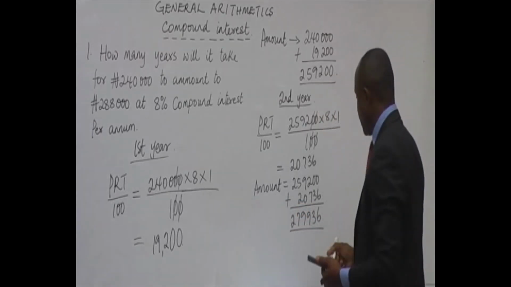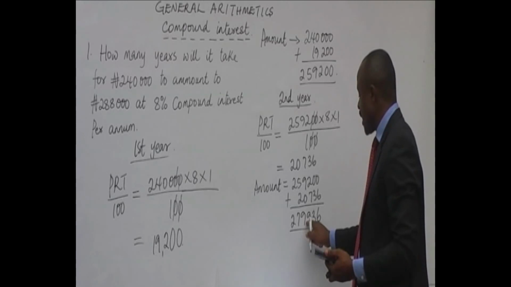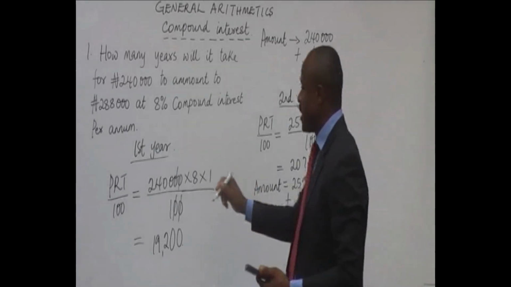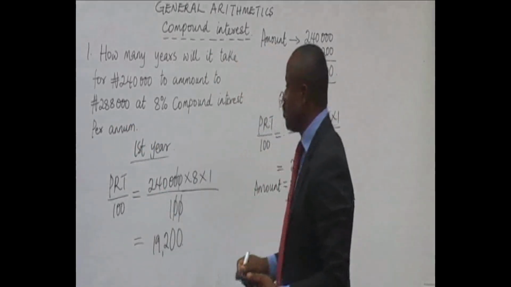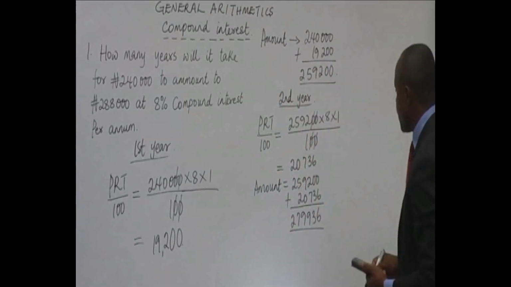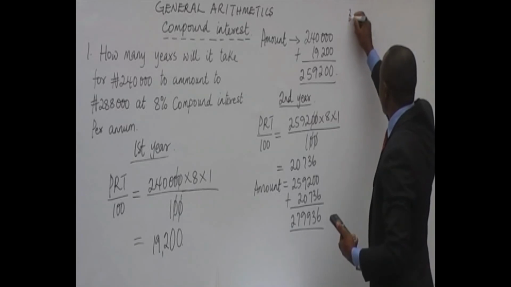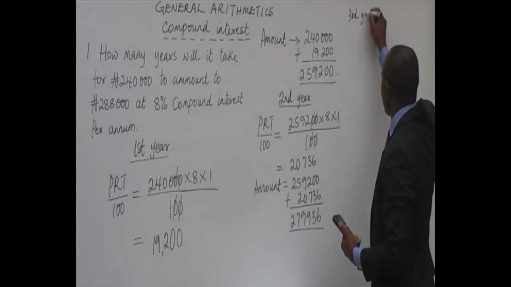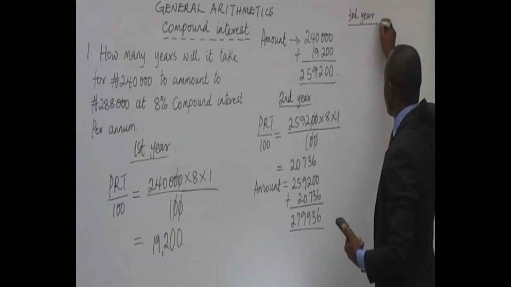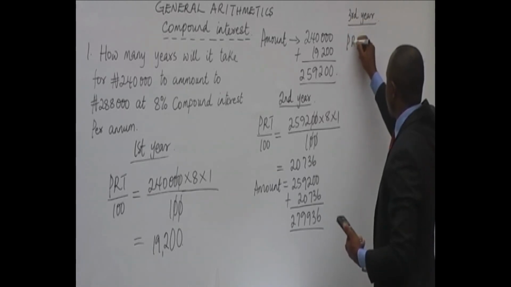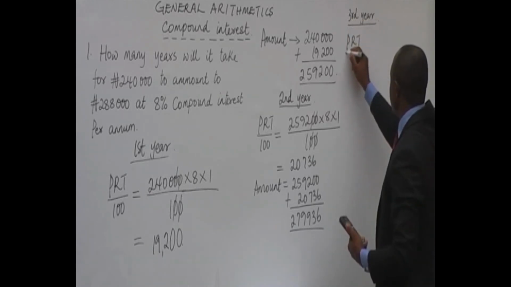If you check this amount after the second year, it's still not yet up to 288,000. That means we are going into the third year. Principal times rate times time, all over 100.